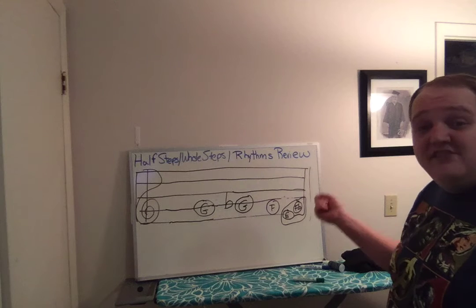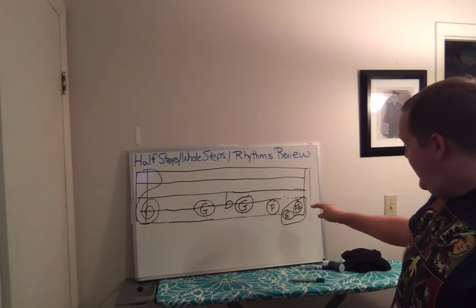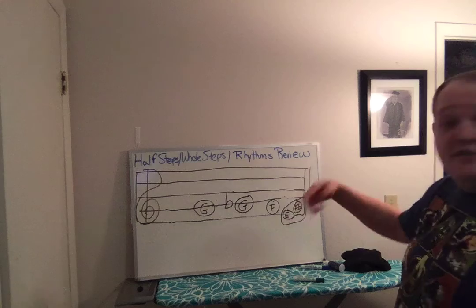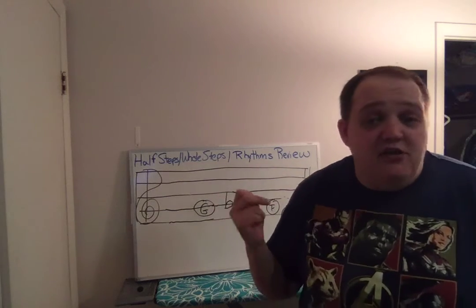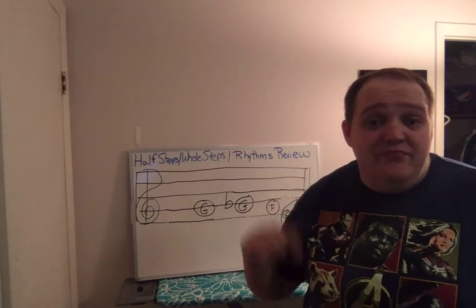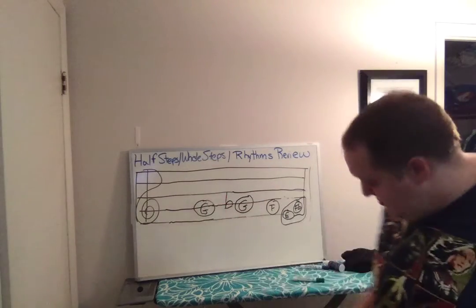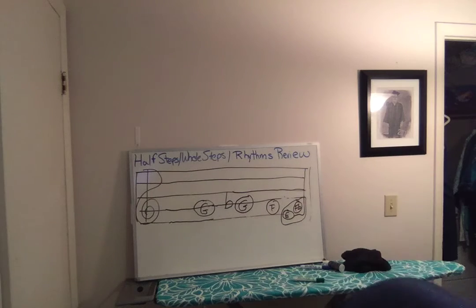They have the exact same pitch. So, E, F flat, same note sound. If you had a piano at home and you wanted to find F flat, it would be E. Pretty cool, right? Just thought I threw that in there.